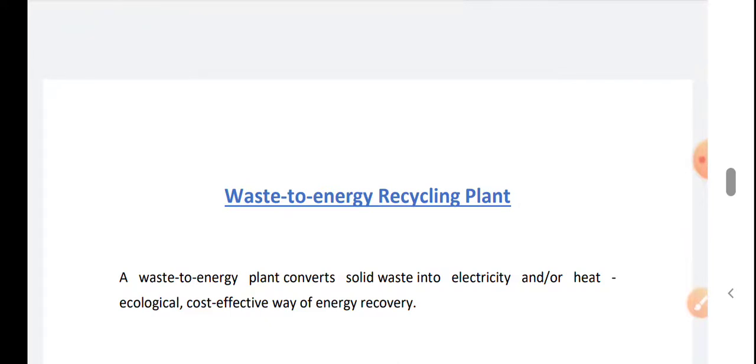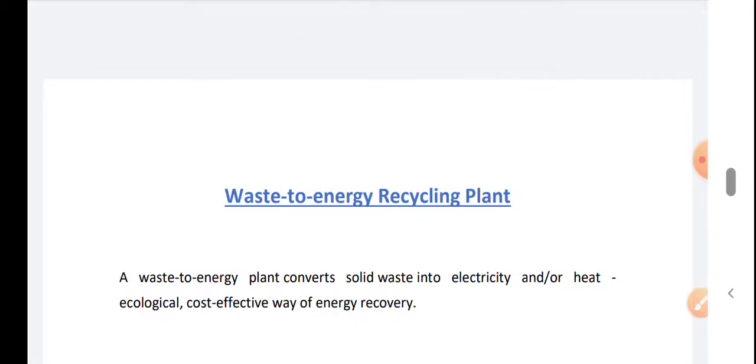We all know that in the present scenario industrial waste is produced at a large scale and there is a problem to dump this waste.